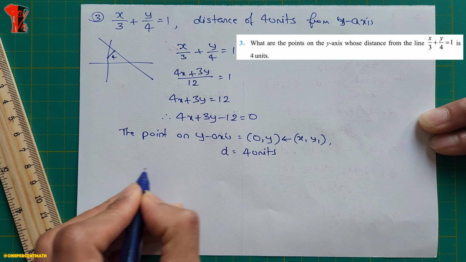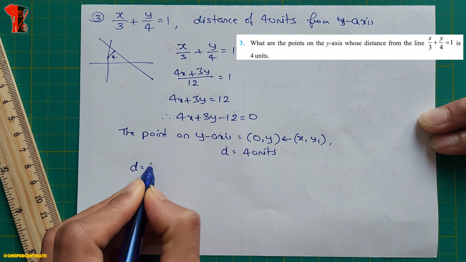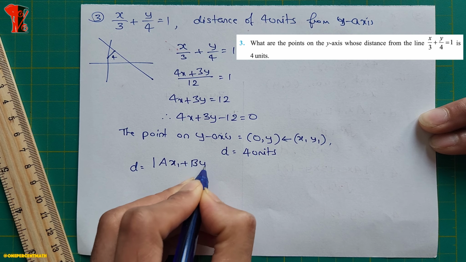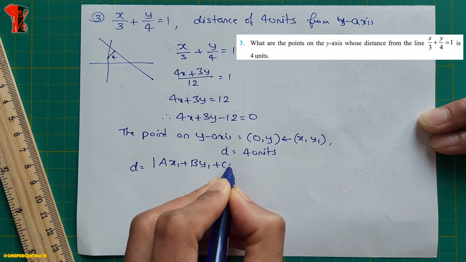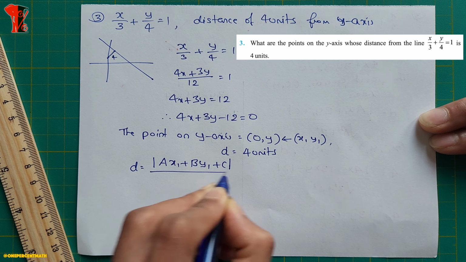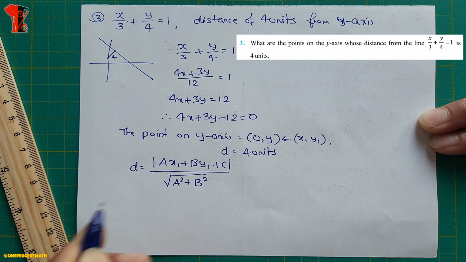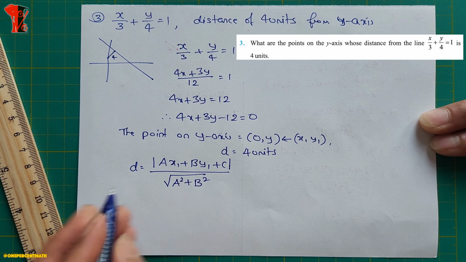So according to this, we have a distance formula, that is d is equal to modulus of a x1 plus b y1 plus c, divided by root of a square plus b square. Here d is already given, which is 4 units.